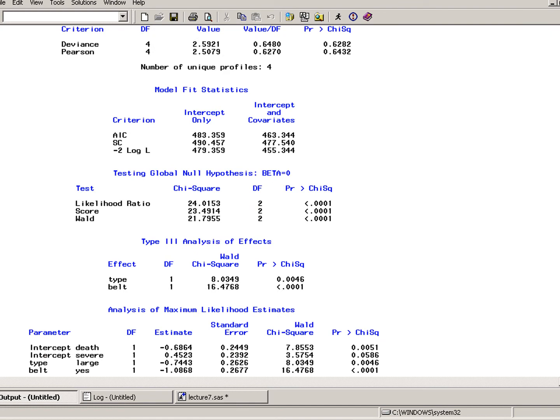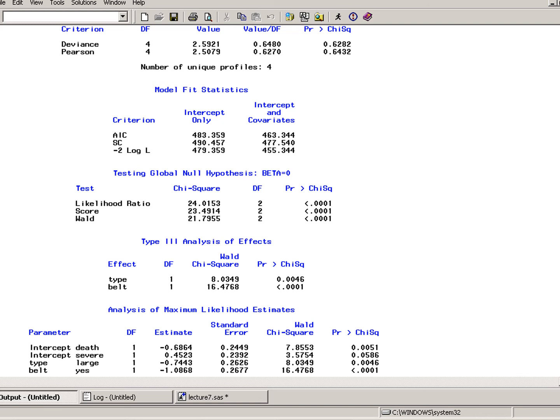Our goodness of fit test statistics on the very top are well over 0.05, indicating that our model fits the data well. Our global tests are all highly significant, indicating that at least one of our variables is significant, indicating we should dig deeper.